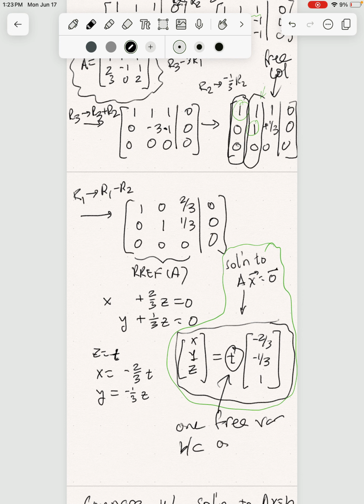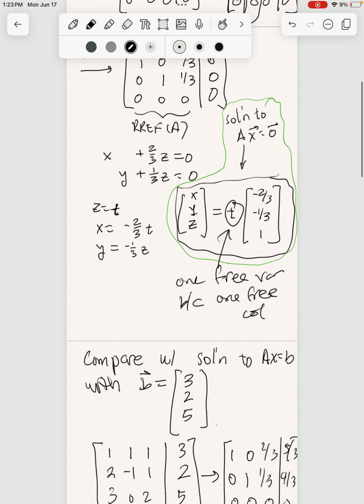In general, the number of free columns will be the number of free variables, and that will determine the size of the solution to Ax equals 0. Here there's one free variable, so your solution is one variable times a vector.